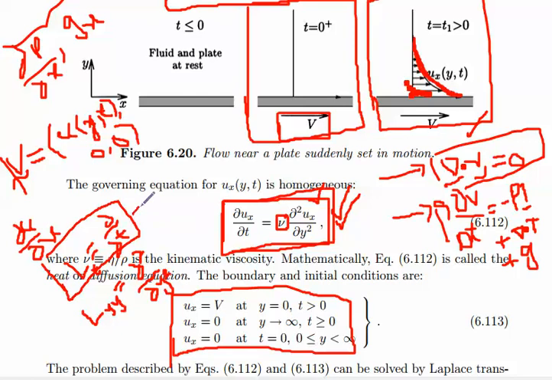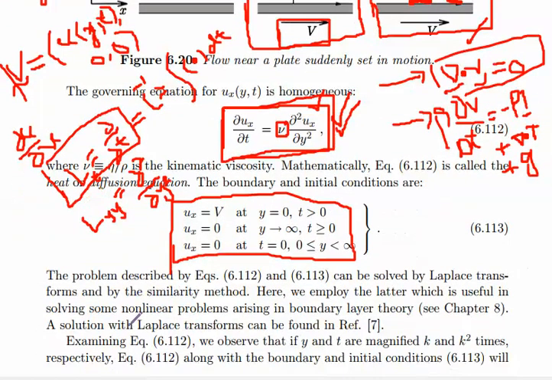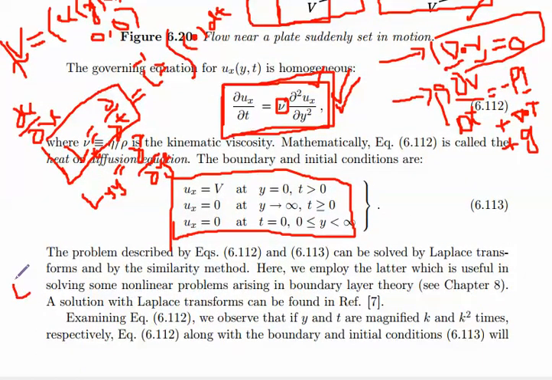So the inverse of the linear operator in terms of time is the integral dt, and the inverse of the linear operator Ly is the double integral of the unknown function u, which depends on x and t, dy into dy.